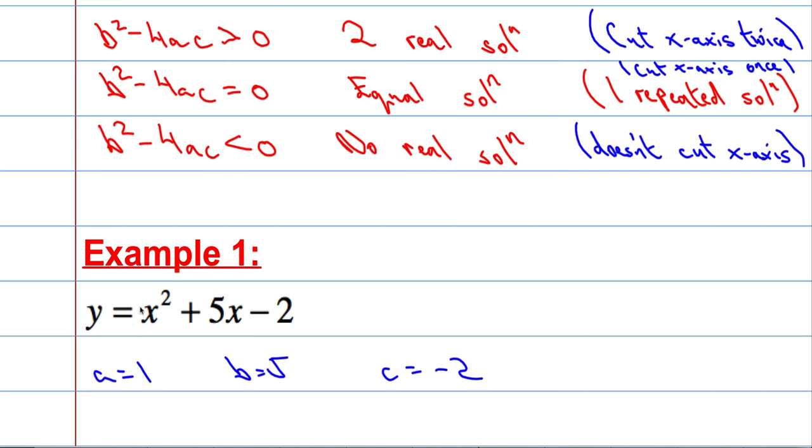So a is the coefficient of x squared, b is the coefficient of x, and c is the constant at the end. And what I'm going to do is work out b squared minus 4ac.